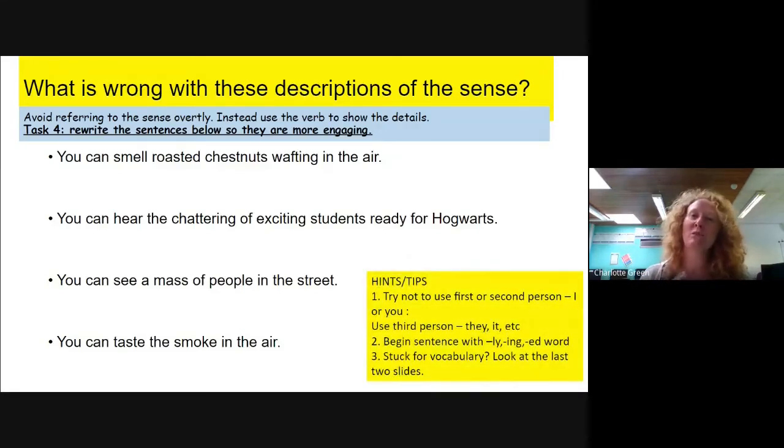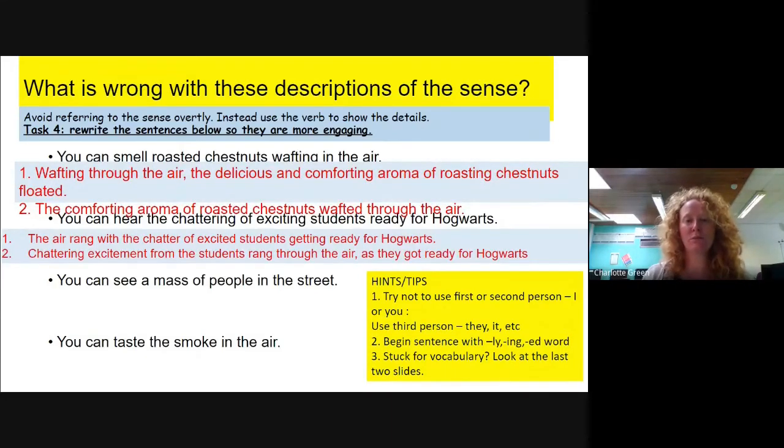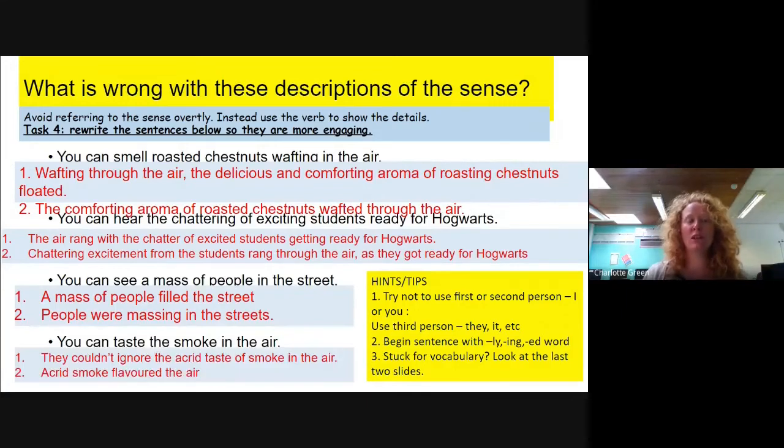We can work it out from the kind of words that you are using. Have a read through of the alternatives in a moment and think about how they feel better, they feel more interesting and more engaging, and that they don't need to explicitly state which sense it is, because we will understand that from the description.